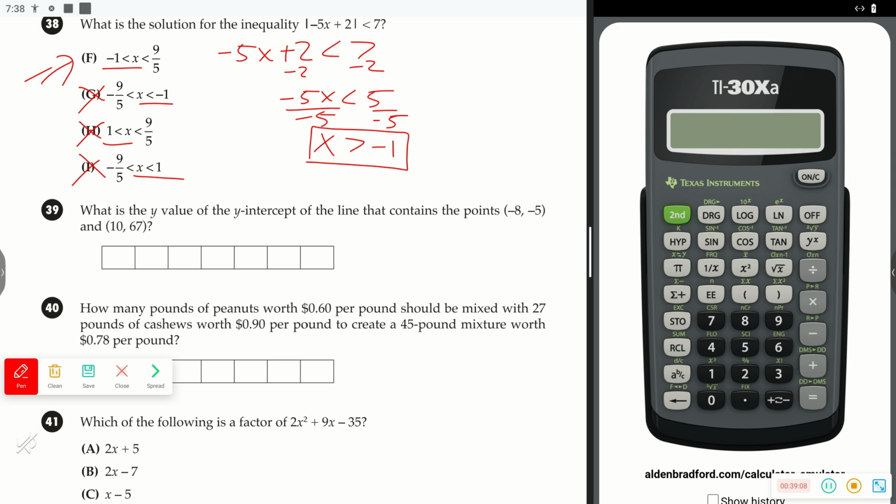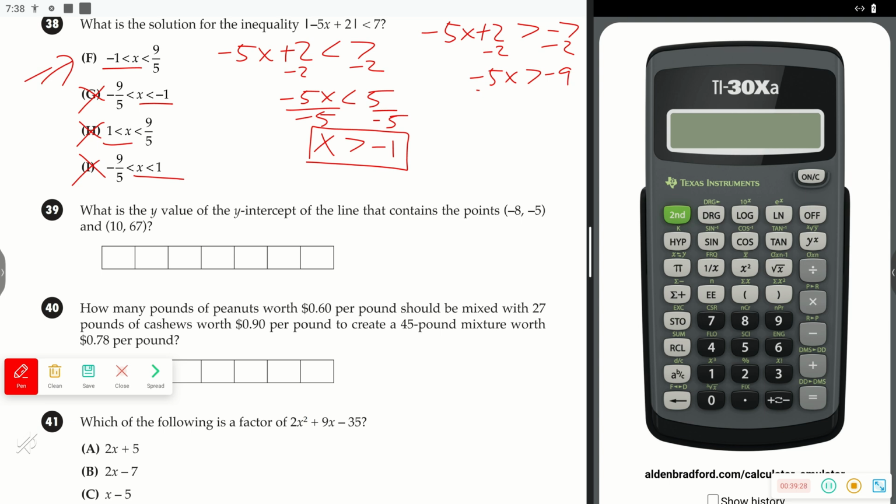For the other one, we're going to have negative 5x plus 2, and we're going to flip the inequality because we're making it negative, equals negative 7. Now we're going to solve it the same way. We're going to minus 2 from both sides, so negative 5x is greater than negative 9.